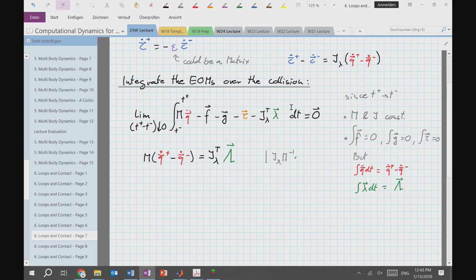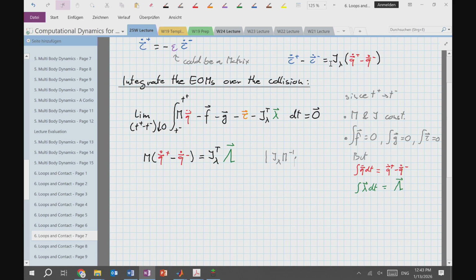What do I get here? I get j lambda times m inverse times m times q dot plus minus q dot minus. M inverse and m cancel. So I get j lambda times q dot plus minus q dot minus.